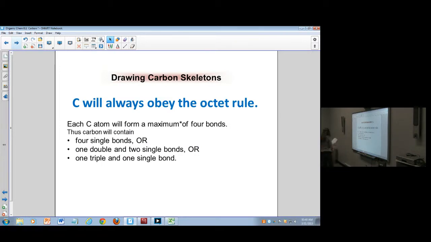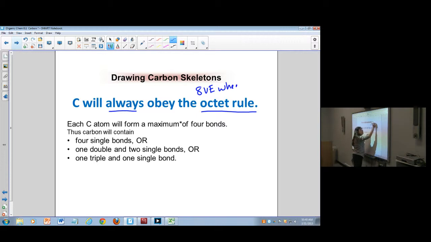One thing we can start off by knowing is that carbon is always going to obey the octet rule. Always the octet rule. That means it always has 8 valence electrons when bonded. So no matter how you go about it, it's going to have 8 valence electrons, which mostly means there's going to be 4 bonds.